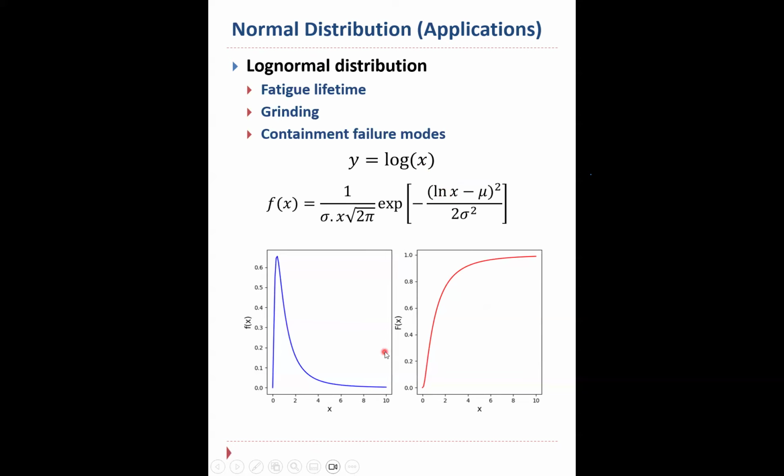If we see the plots of the density function, it is going to have a sharp peak, which means larger frequency towards the lower values, whereas a smaller number of observations are going to be for larger values.